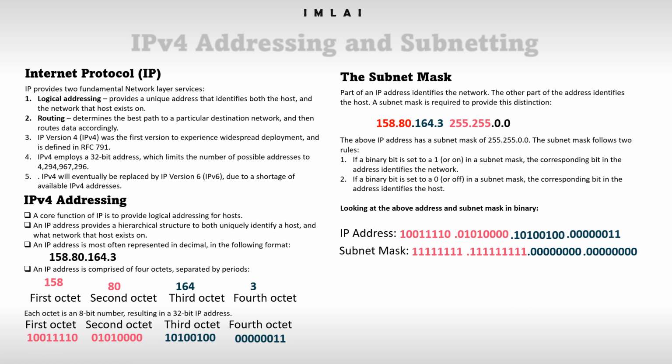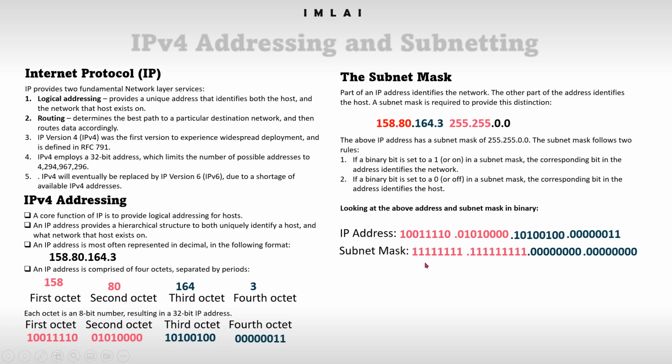The second bit is also 1, so the corresponding second bit of the IP address represents network. The third bit is 1 in the subnet mask, so the corresponding third bit of the IP address represents network. Now how many ones do we have?